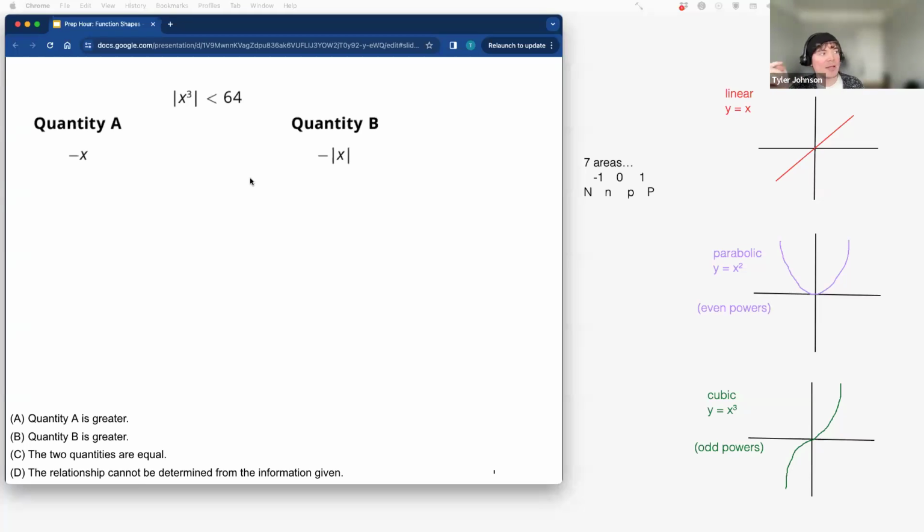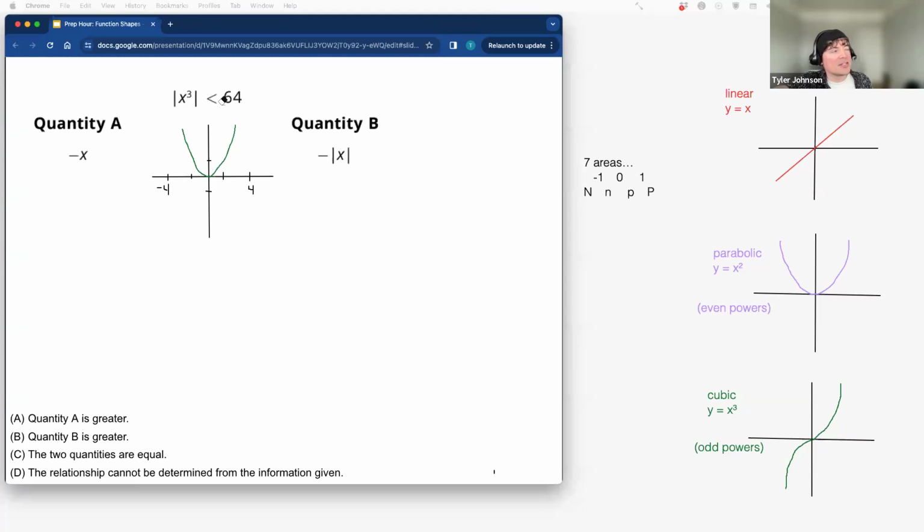So in my upfront info here, the absolute value of x cubed is less than 64. Normally x cubed is that kind of cubic shape, but the fact that it's wrapped in absolute values is going to turn it into that more parabolic U shape. So I get something that looks like this.